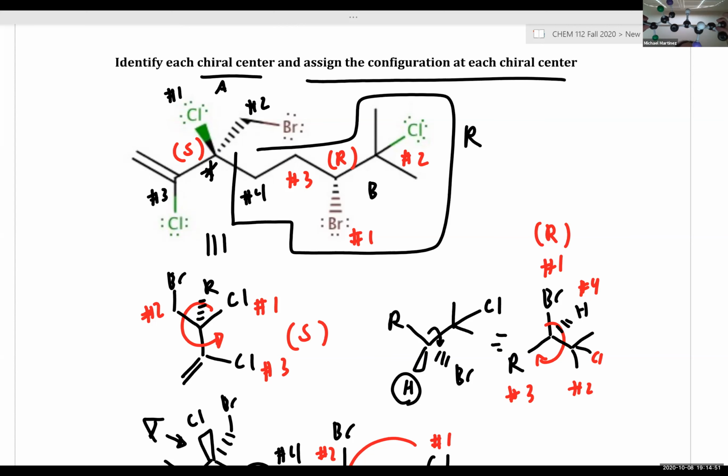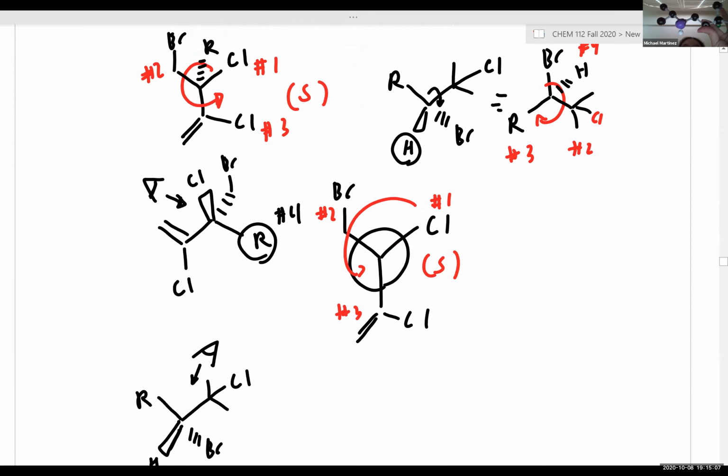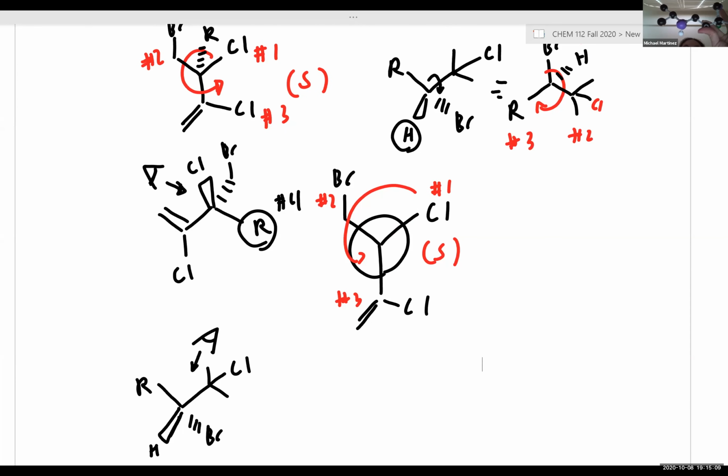Here we go. So here's our initial view. And now we're going to look at the molecule from the opposite perspective, and then we're just going to draw what we see after viewing the molecule from the opposite side.